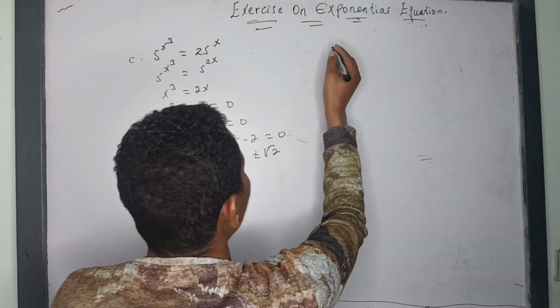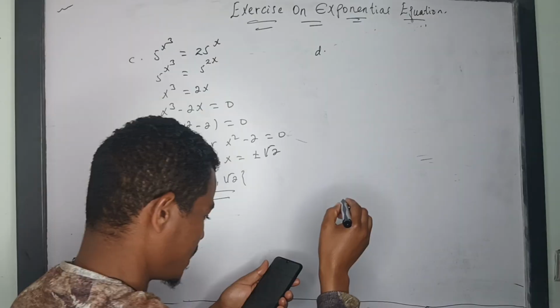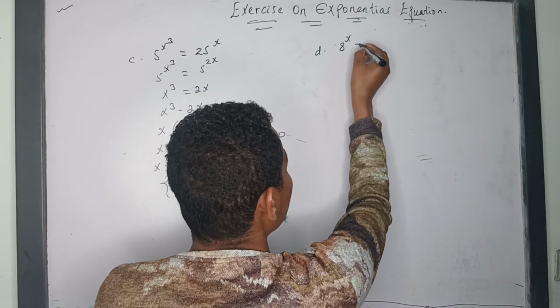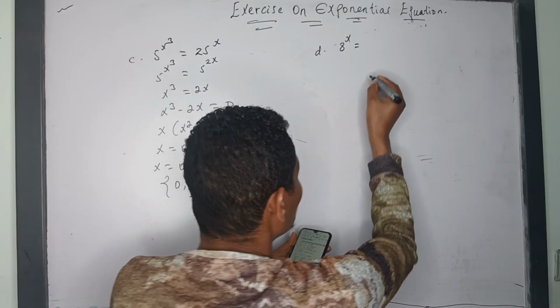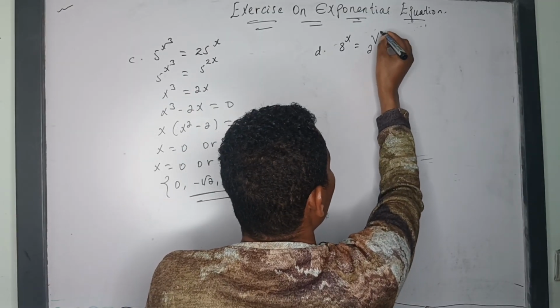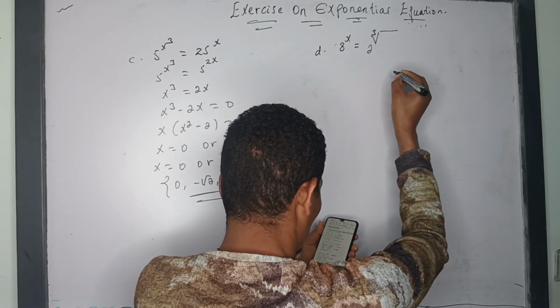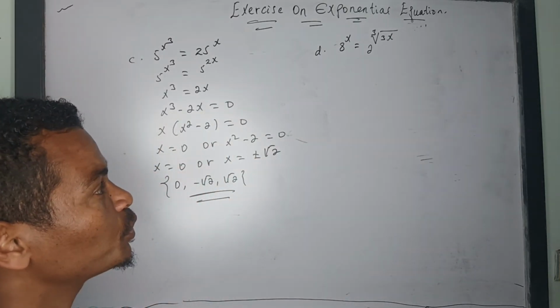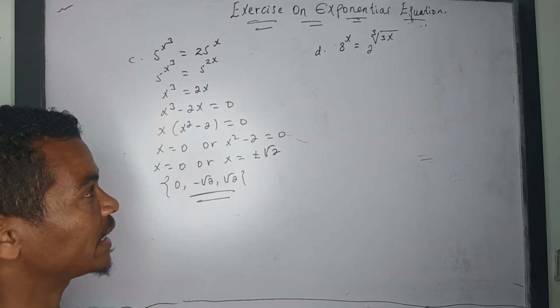D, okay, see D. 8 to the power of x is equal to 2 to the power of cube root of 3x. 8 to the power of x is equal to 2 to the power of cube root of 3x.